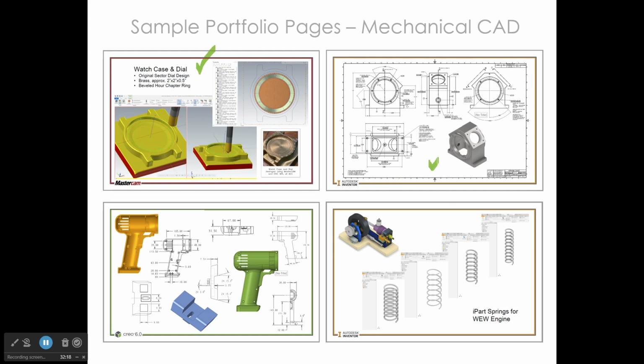And this is an Inventor project, and you can see he pretty much included the entire border and the title block. Here's his drill design, and there was one part that he had to design that made his drill design work, and so he focused on that part down in here.